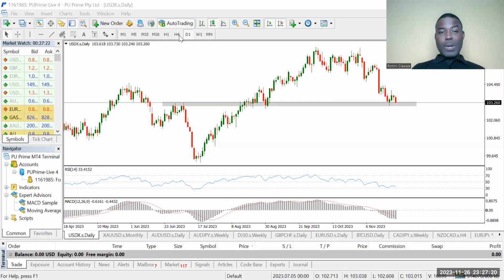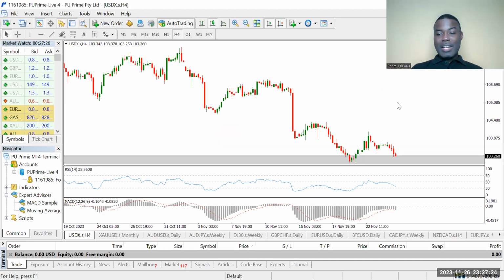But then let's go down to the lower time frame to look at other possibilities around this instrument. On the 4-hour time frame, what I'm seeing is a possible inverse head and shoulder pattern, and this is still equally a bullish pattern.